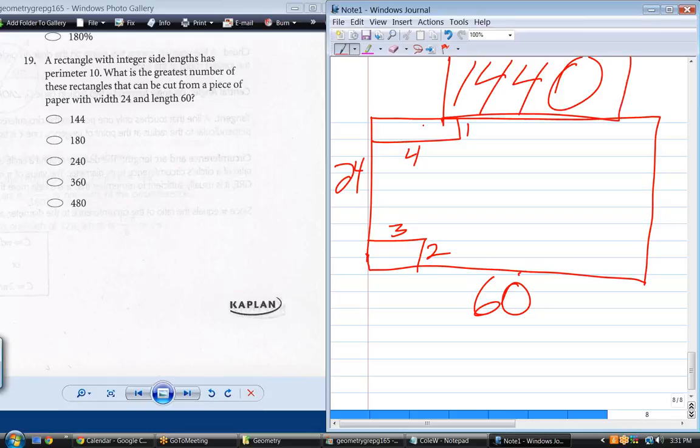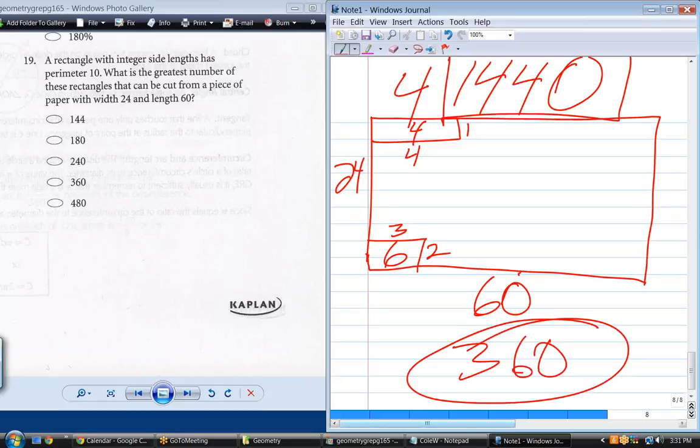Well, what's the area of that rectangle? 4. What's the area of this rectangle? 6. Which rectangle am I going to be able to fit more of in there? The 4. Yes, the 1 by 4. Okay. And how many? Well, if I divide that number by 4, I get 360.